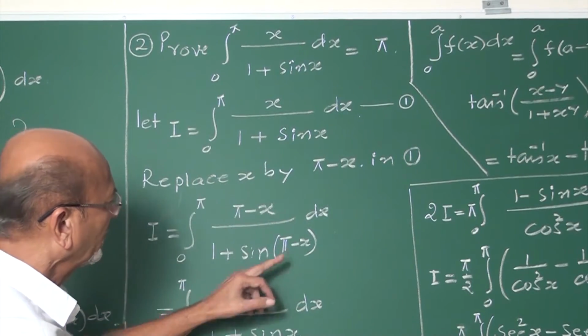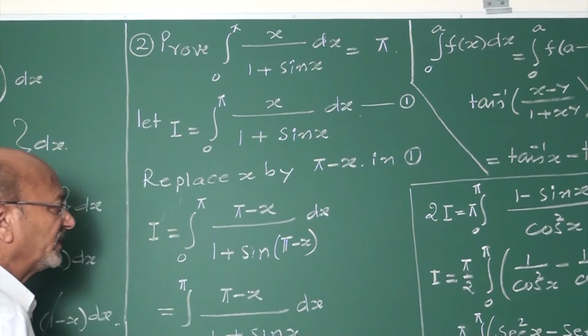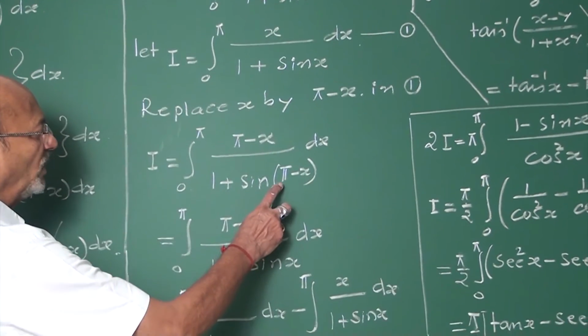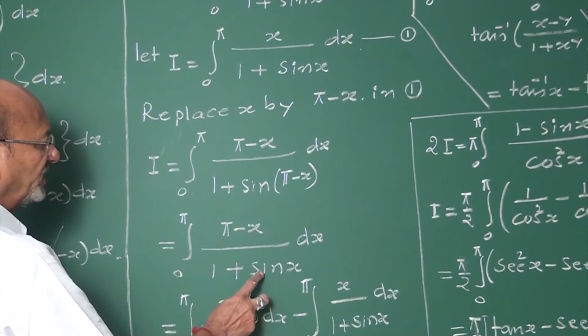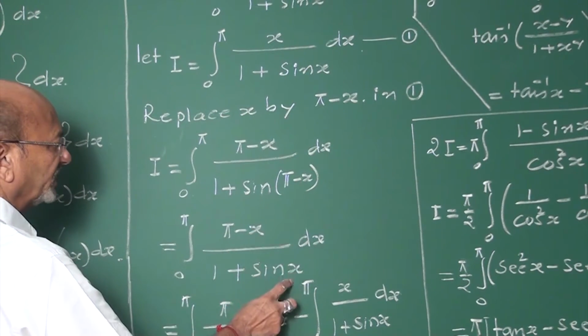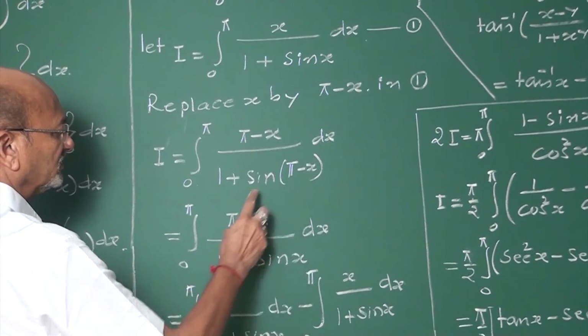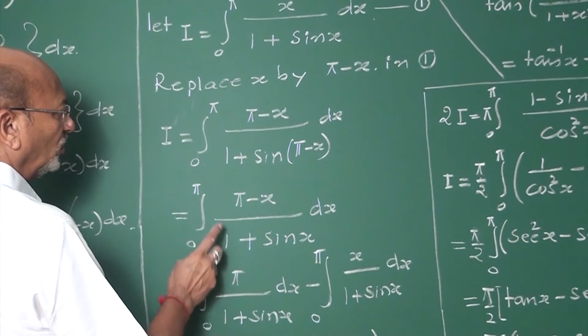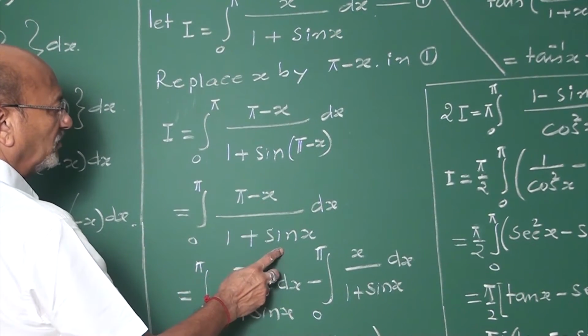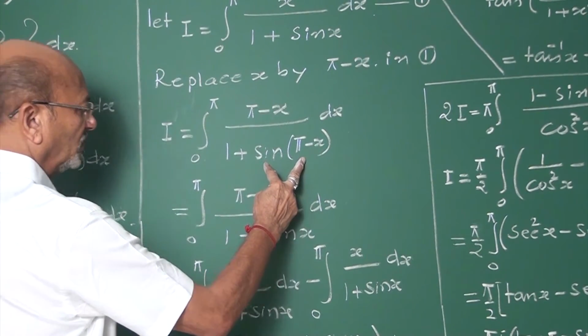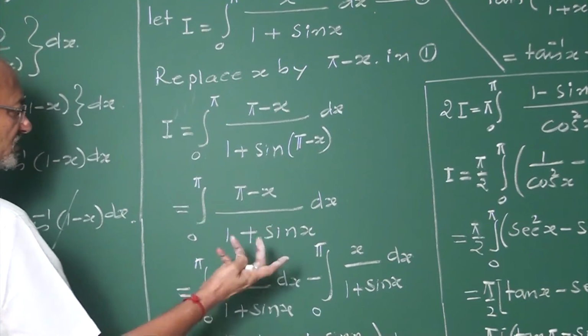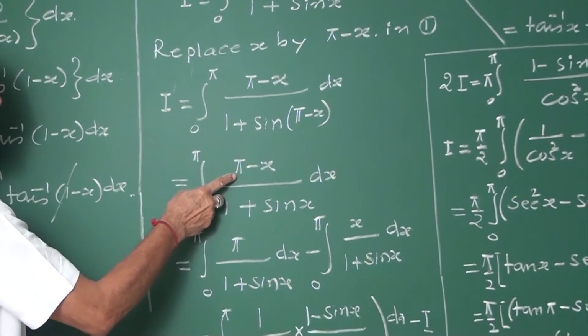The numerator is as it is. For 180 degrees, there is no change in sign; the angle is in the second quadrant, where sine is positive. So it is (pi minus x) upon (1 plus sin x), making use of the allied angle formula. Write two separate integrals.